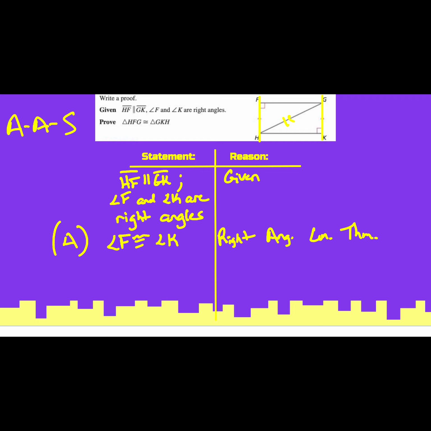So we have one of our angles, right? Now, what side of the triangle, or what sides of each triangle, can we easily prove are congruent?